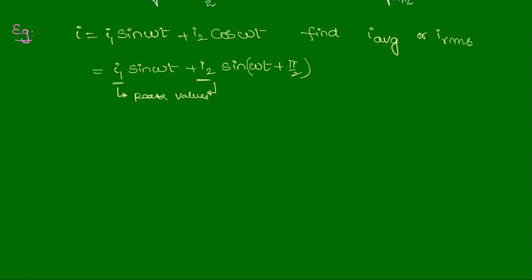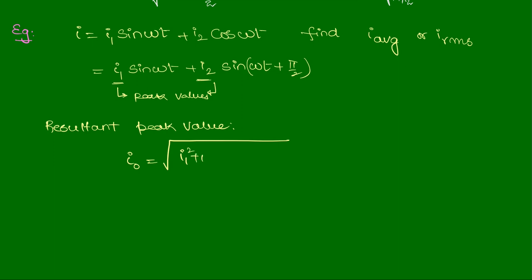So the resultant peak value, if I represent it with I naught, will be the square root of I1 square plus I2 square plus 2 I1 I2 cos phi, or cos theta.